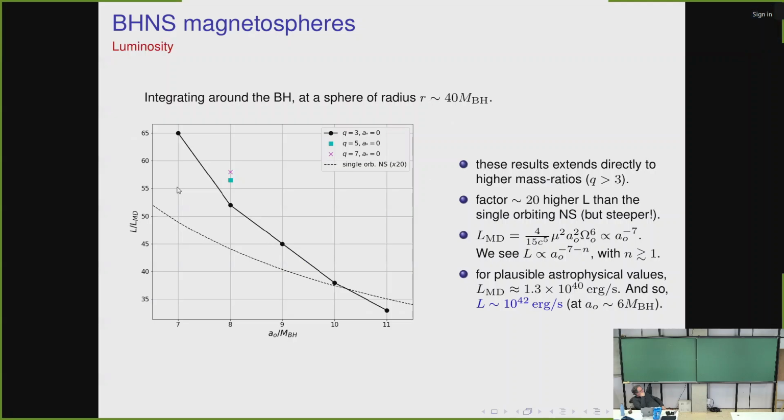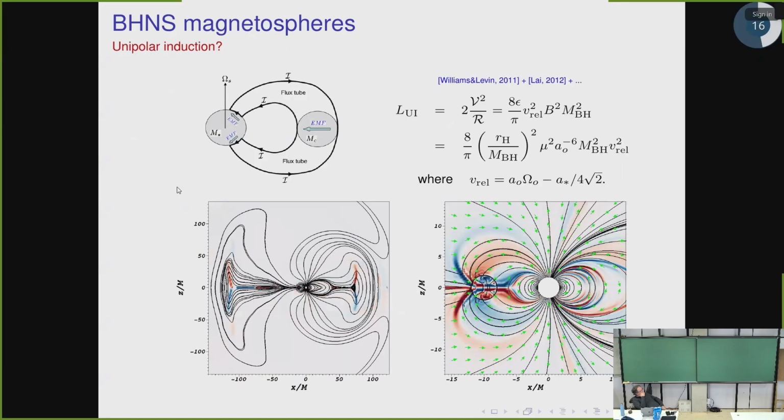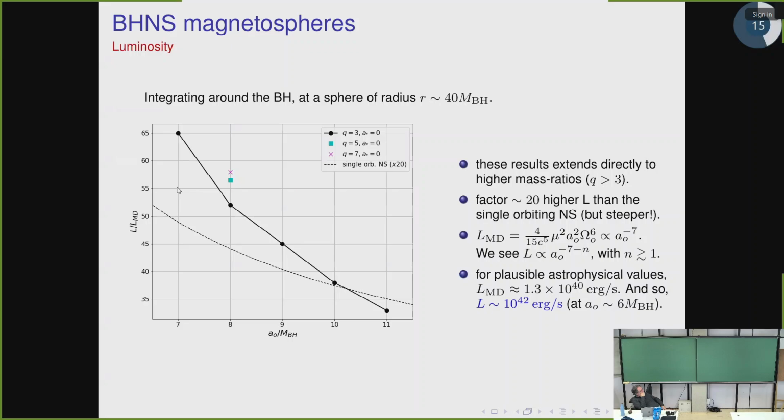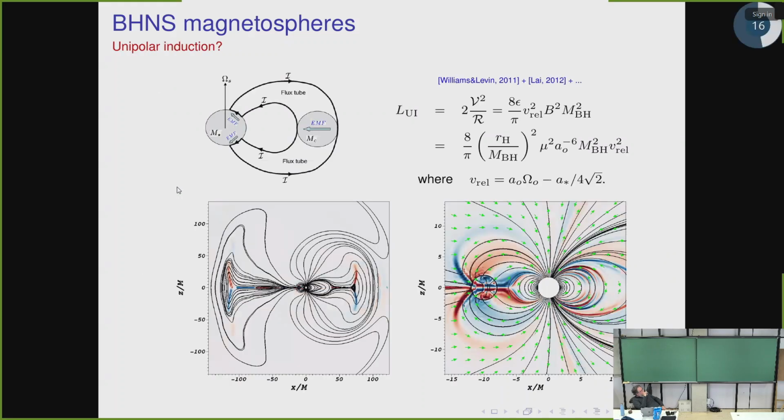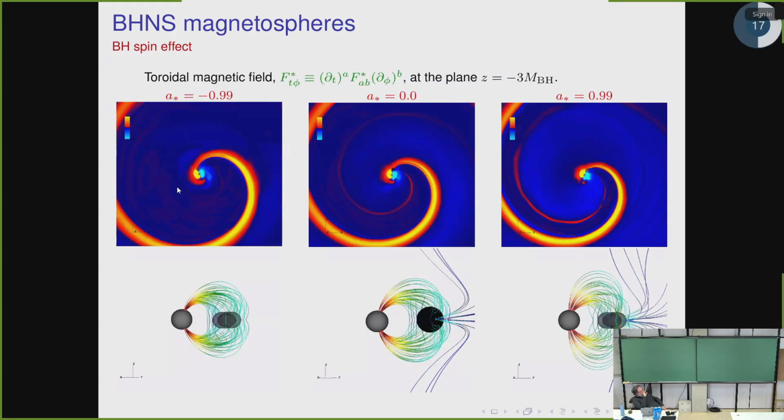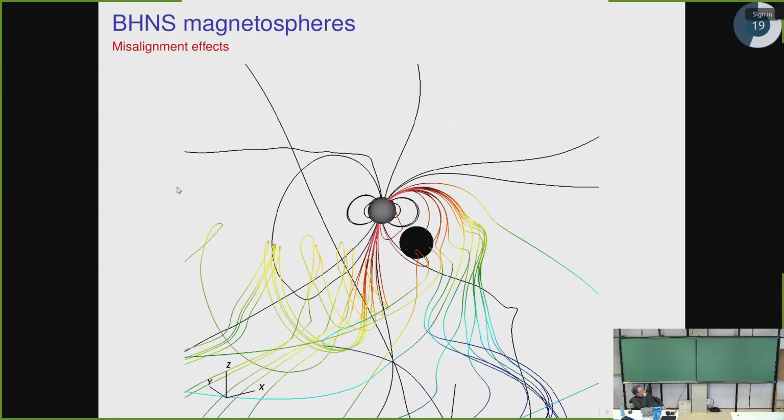Okay, so these are some details which are not of too much relevance. We again consider the kind of luminosities you can extract from this system for different parameters like the orbital separations or the spin, etc. We also consider misalignment between the magnetic axis and the orbital axis and so on. This is an illustration of one of these cases.